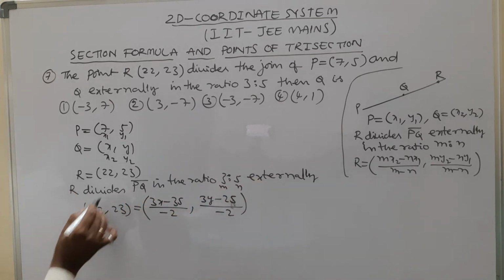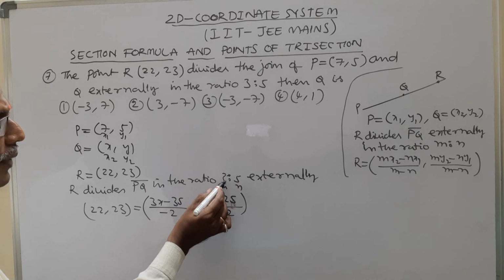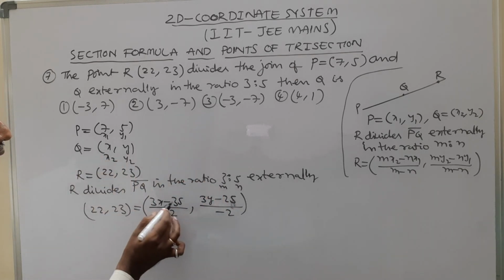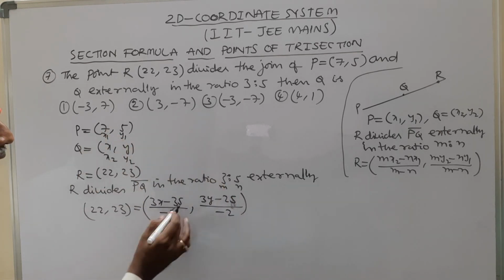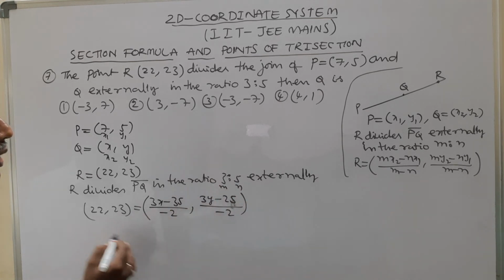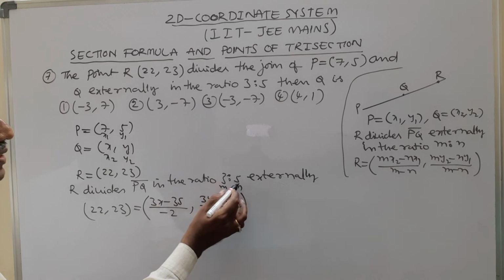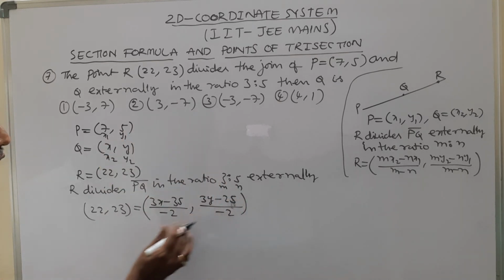The coordinates of capital R given in the question are (22, 23). Apply the formula: 3x minus 5 into 7, 35, by 3 minus 5, equal to minus 2, comma, 3y minus 5 into 5, 25, by minus 2.